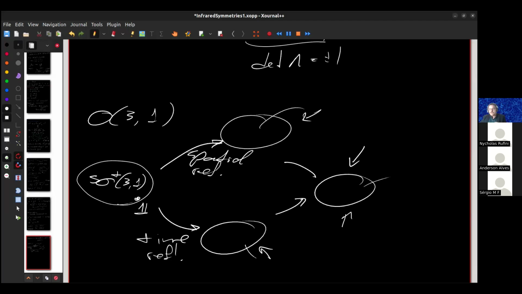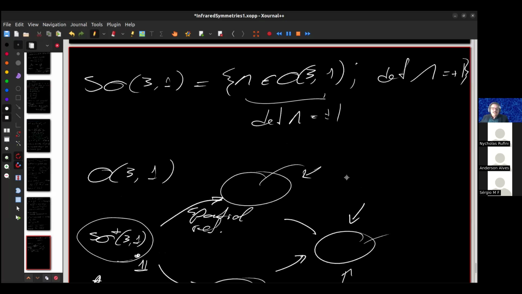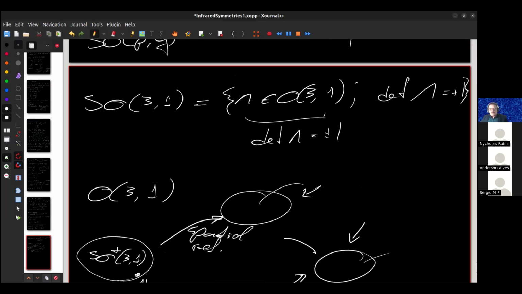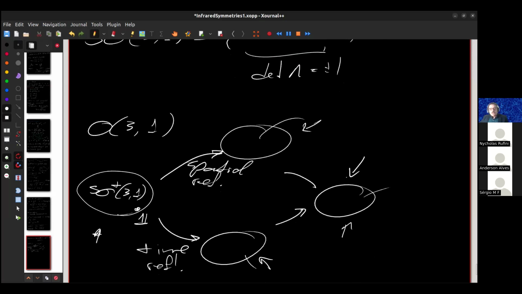So you have these four pieces, but only one of them is really original, so to speak. The other ones are copies. This one here is the original piece. The other ones are just copies from two reflections. If we impose that the determinant is plus or minus 1, what we are actually saying is that we are either in the original piece or in this piece.